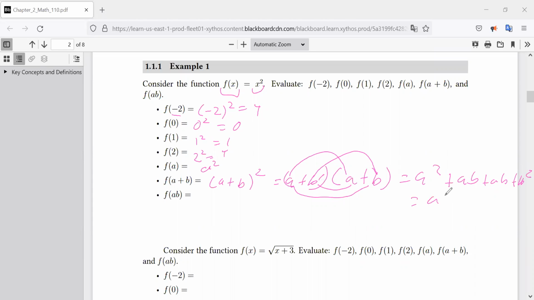So this is equal to a squared plus 2ab plus b squared. And then f of ab, that's just going to be ab squared, which you can also write as a squared b squared. Does this make sense to people? I follow. Cool.